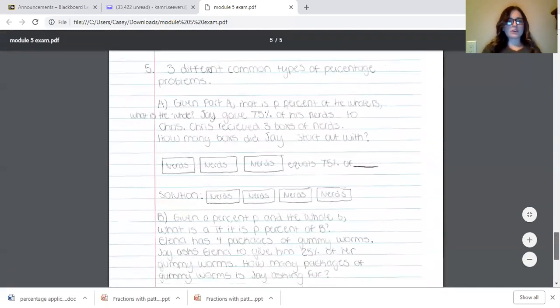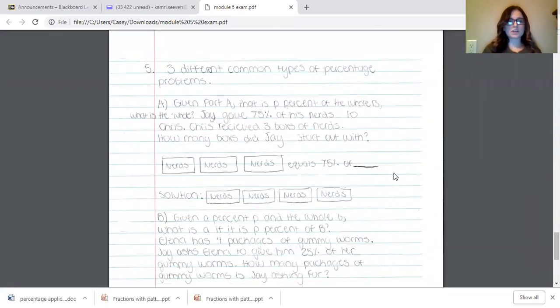For number 5, we have 3 different common types of percentage problems. So for A, given part A, that is P% of the whole B, what is the whole? And our problem is Jay gave 75% of his nerds to Chris. Chris received 3 boxes of nerds. How many boxes did Jay start out with?